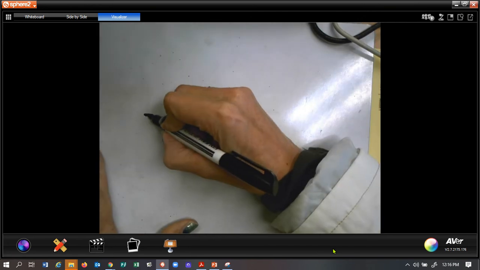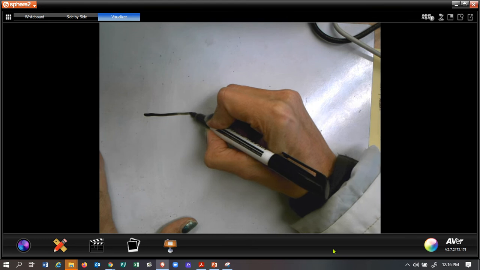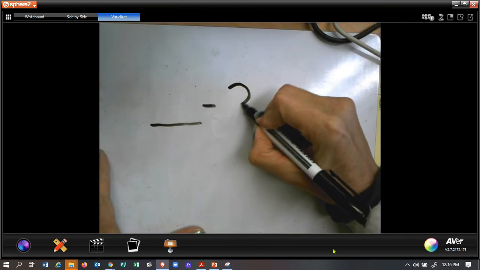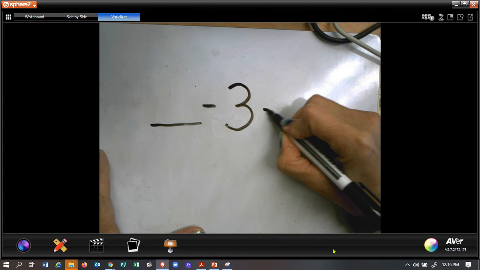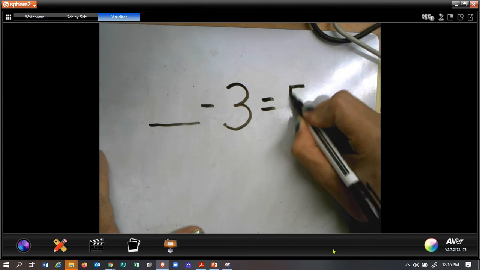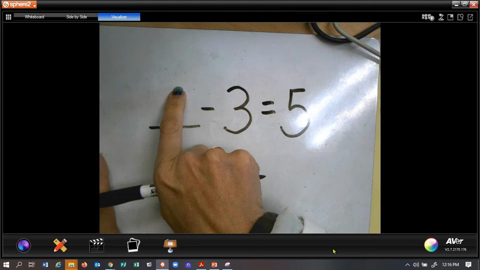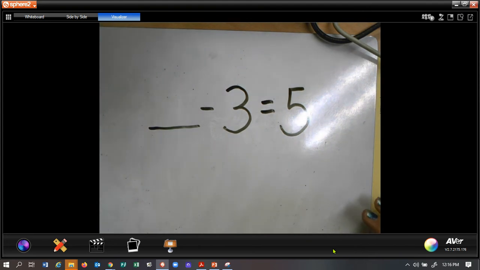All right. So let's say the whole is missing in an addition fact. Let's say I have some number. I take away 3, and I'm left with 5. What did I start with? What's my whole?